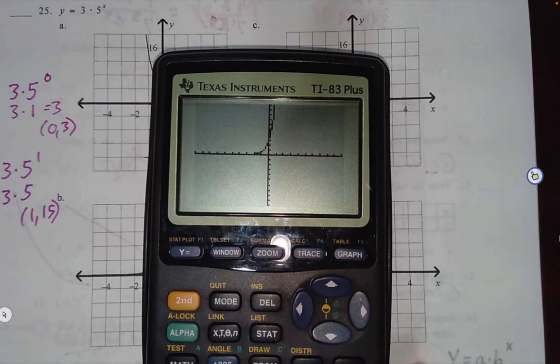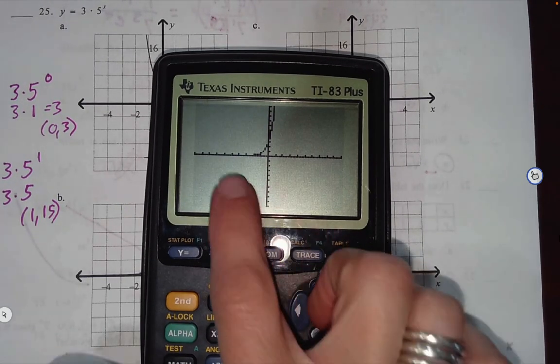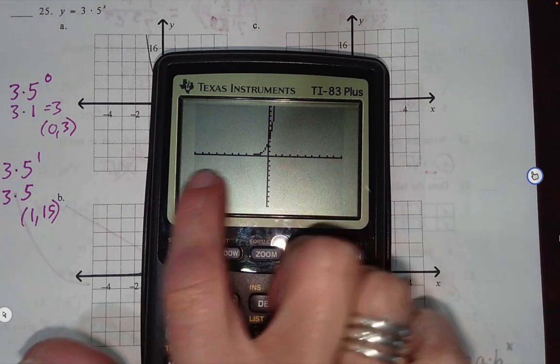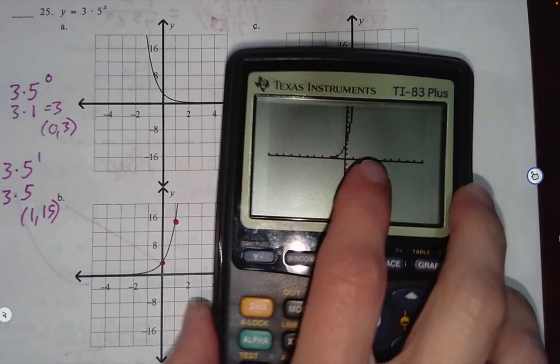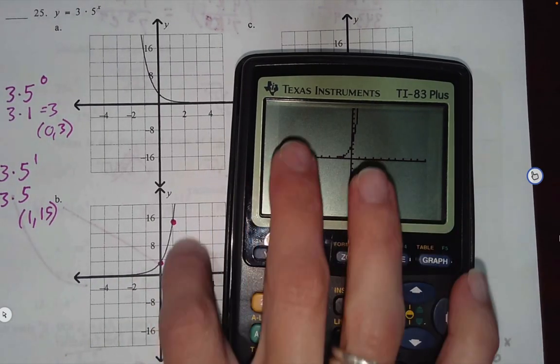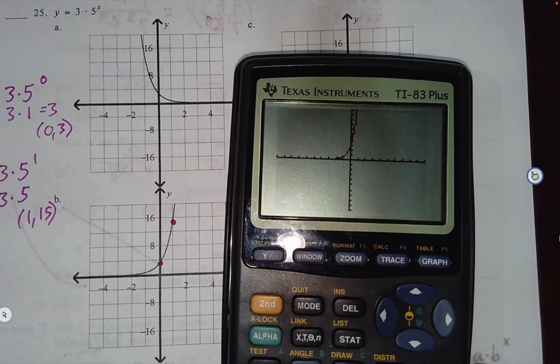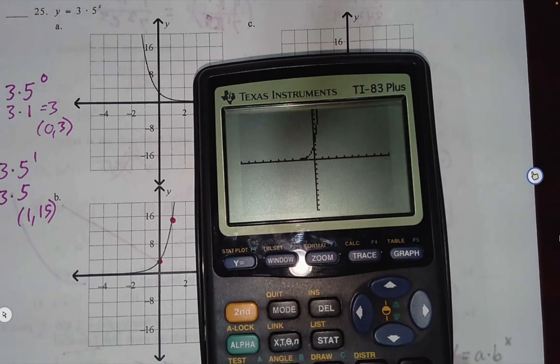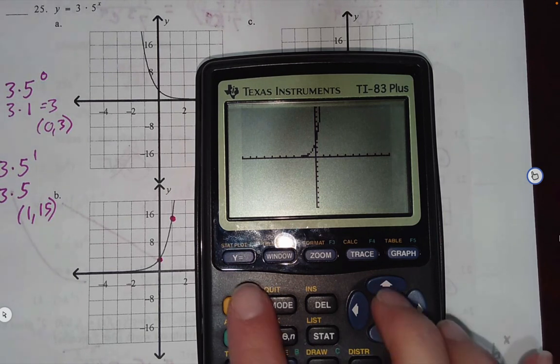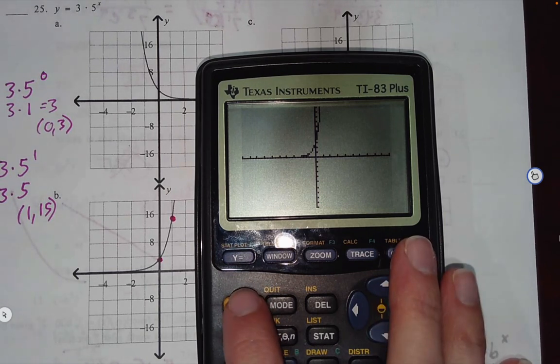Okay? When you graph it, now be careful. Mine's going all the way out to 10 and negative 10. But you kind of have to match it. If I go over 1, where am I? It's kind of hard to tell. But if you press second graph, y'all, is everybody with me? Look up here.